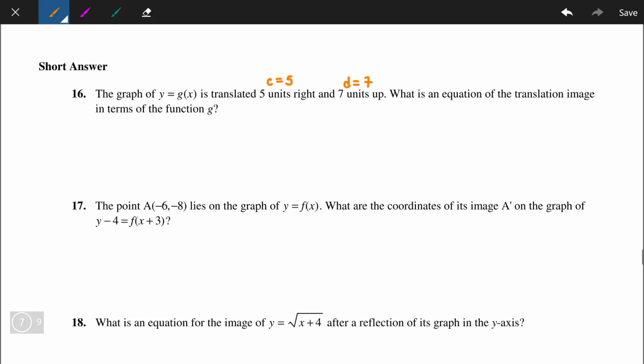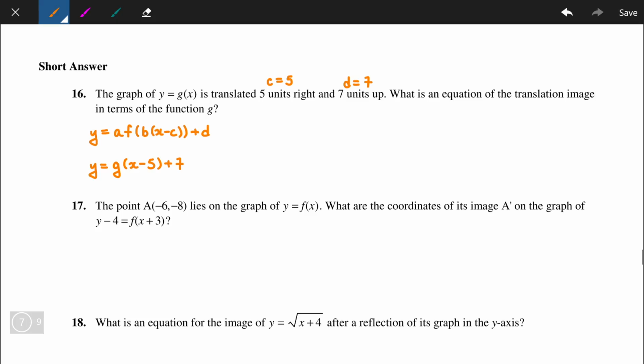So continuing to use the format y equals a f of b times x minus c plus d, in this case, we'll have the answer y equals g of x minus 5 and then plus 7.